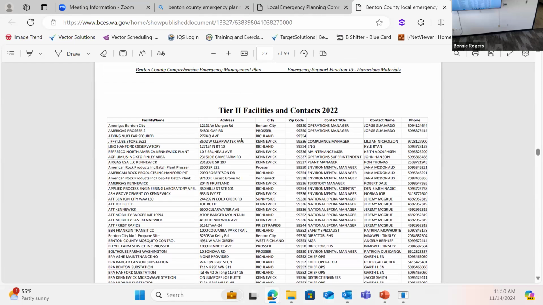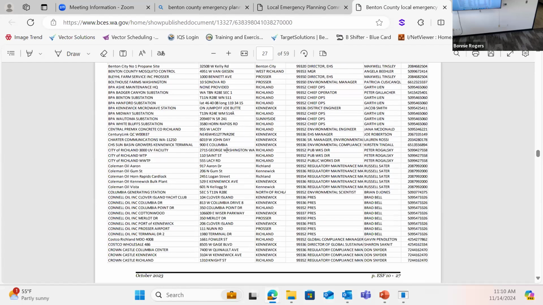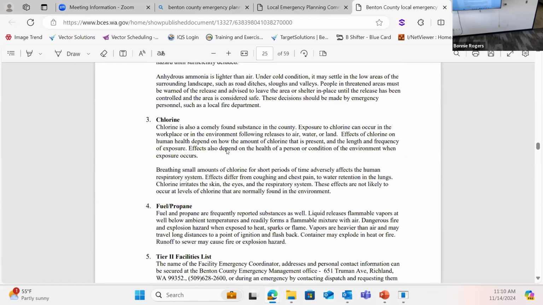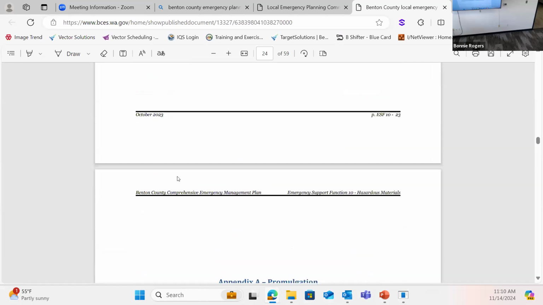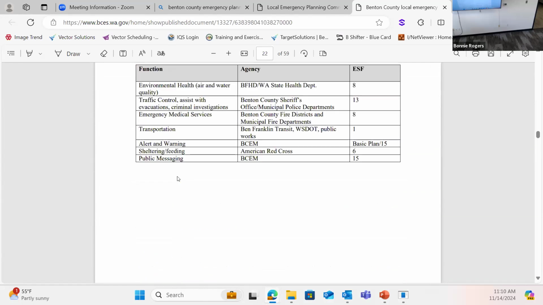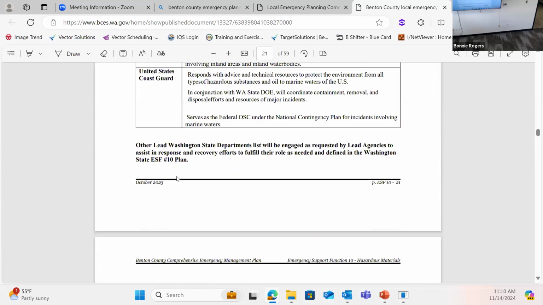Here are considered tier 2 facilities and their contents. How does it classify different tiers of facilities? Based on risk.